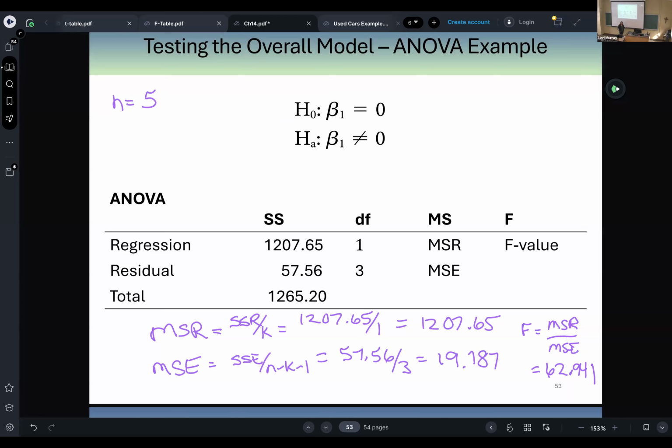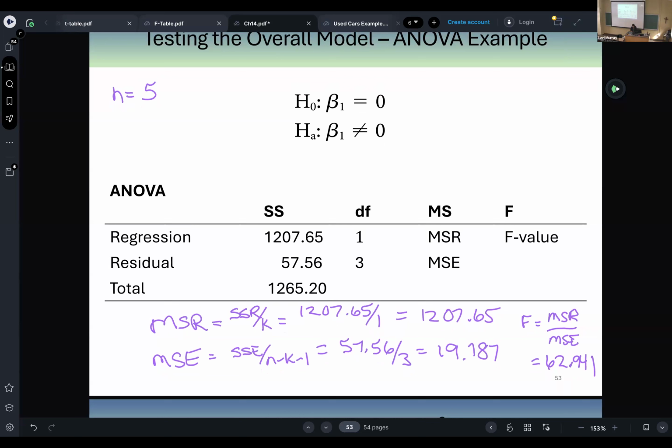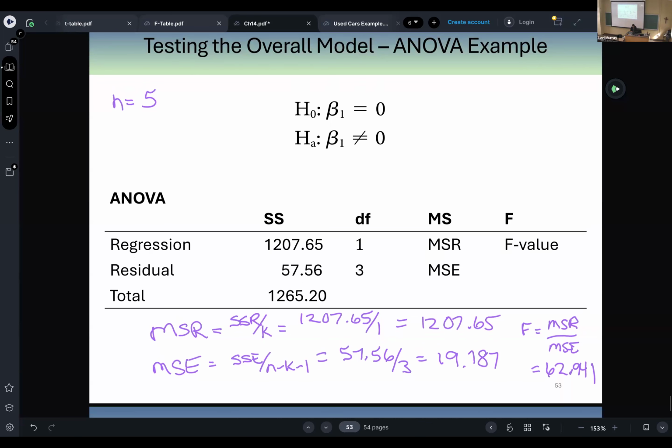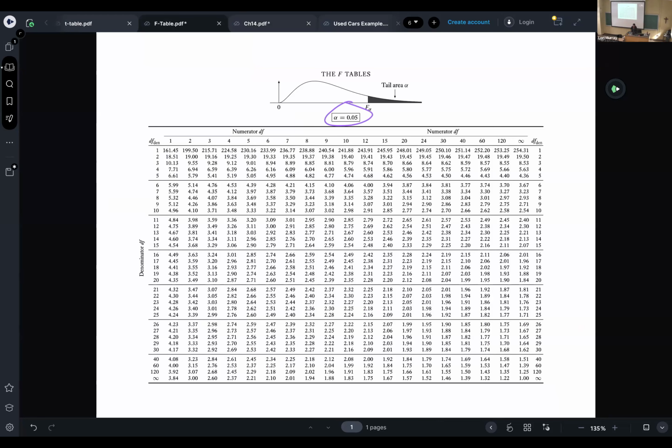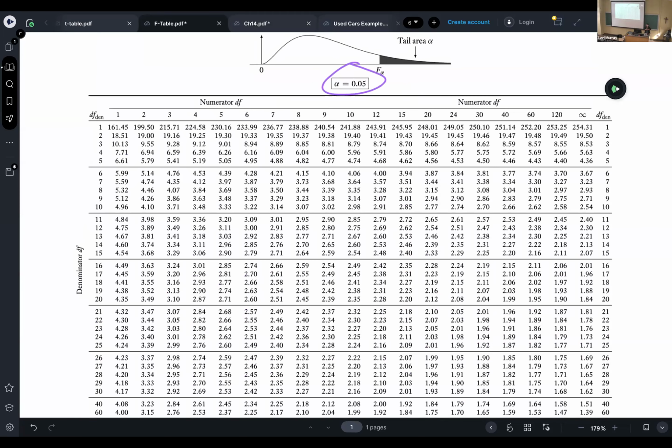It's going to be all about ANOVA. Okay. Same with the lab and the quiz. So with 62.94, we could grab the F table, and what we do here is, what would be the F critical value?